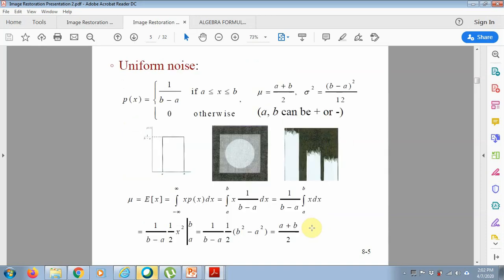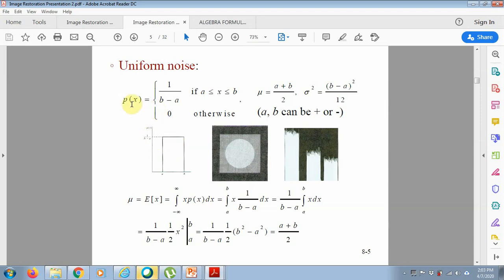Uniform noise. We have already studied in thresholding and image enhancement, if you have the value like this, L minus 1. It is nothing but the formula 1 upon b minus a, that is a slope formula. If you consider this function, on the y-axis it can be represented by 1 upon b minus a.